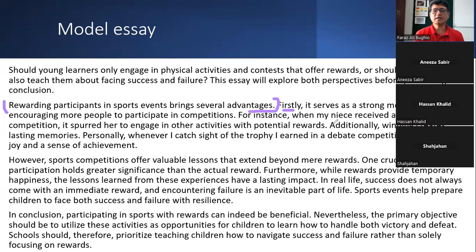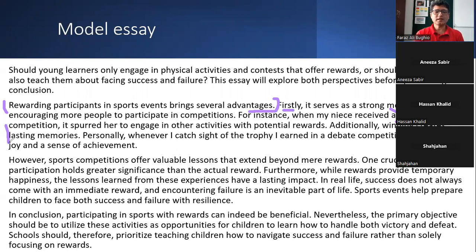Personally, whenever I catch sight of the trophy I earned in a debate competition, it fills me with joy and a sense of achievement. So I am valuing prize as a motivator, right? And I'm giving an example also. Then I'm giving an additional one also, so that I can convince the reader that what I'm saying is believable.